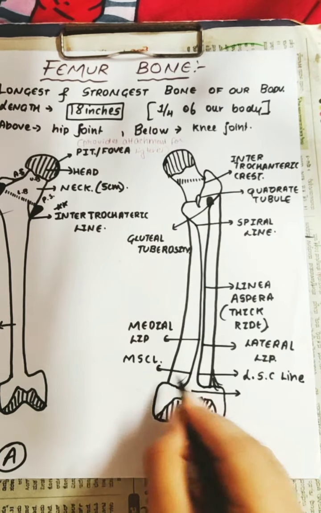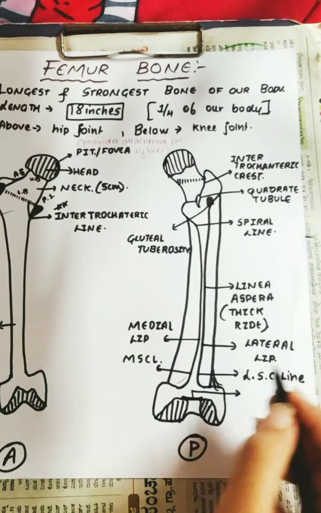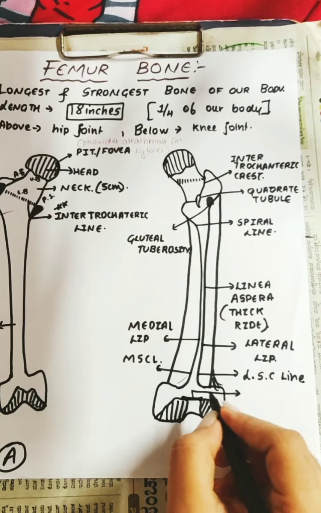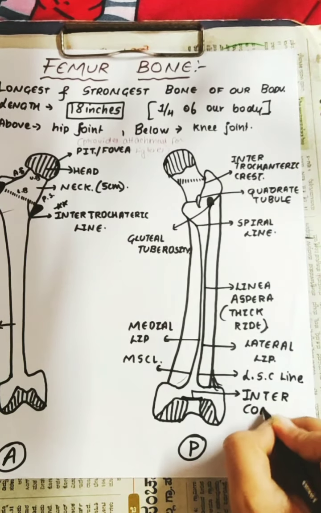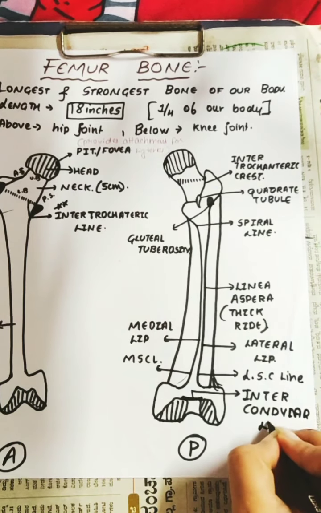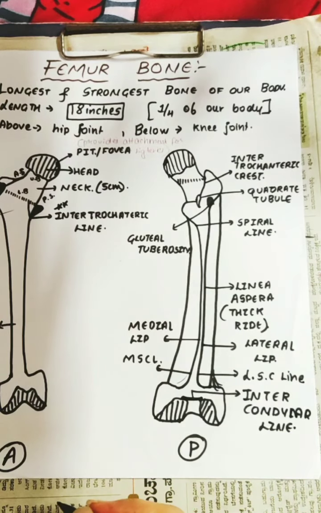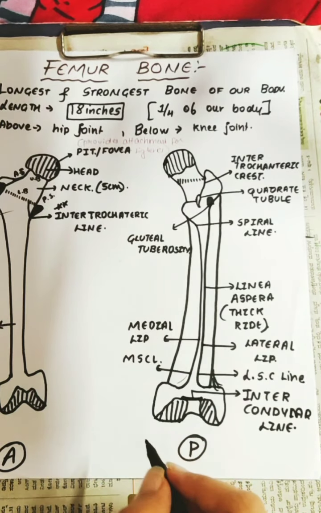It is present between the medial supracondylar line and the lateral supracondylar line. It is called the intercondylar line, and below this intercondylar line there is the intercondylar fossa.